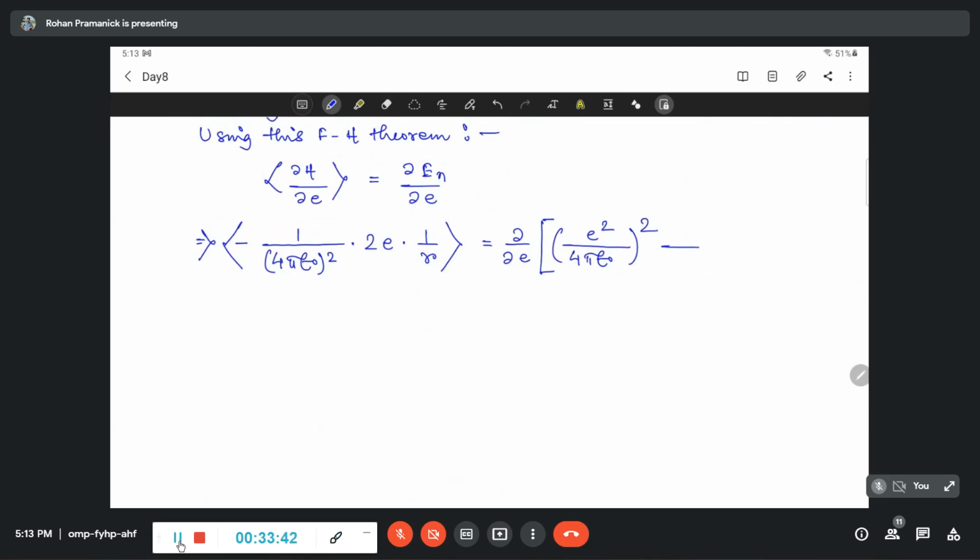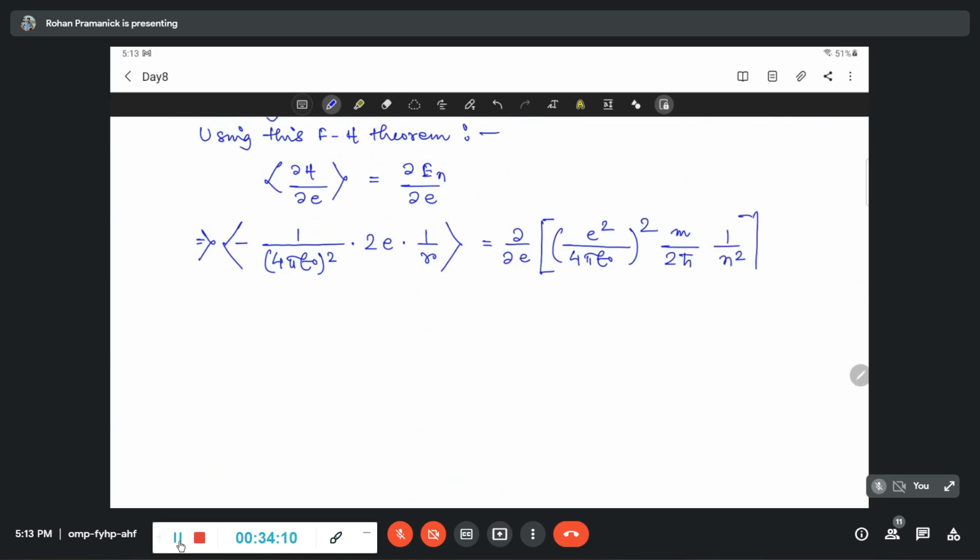I had written it before, so from your previous notes you can see what I have written. Can any of you tell me what En is? M by 2h cut, and then 1 by n squared.